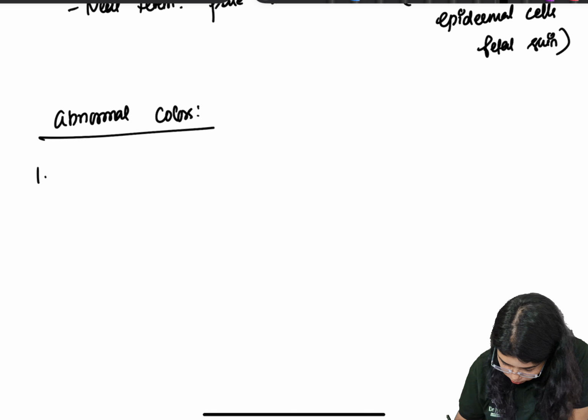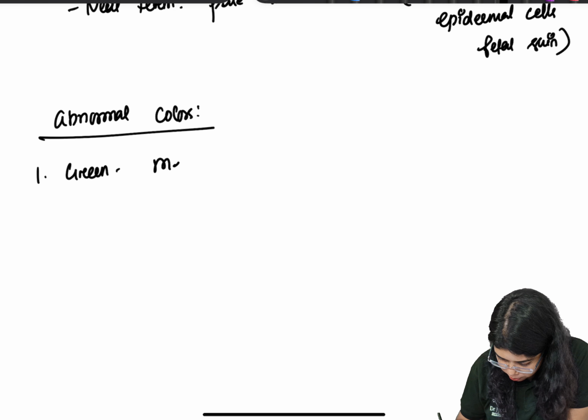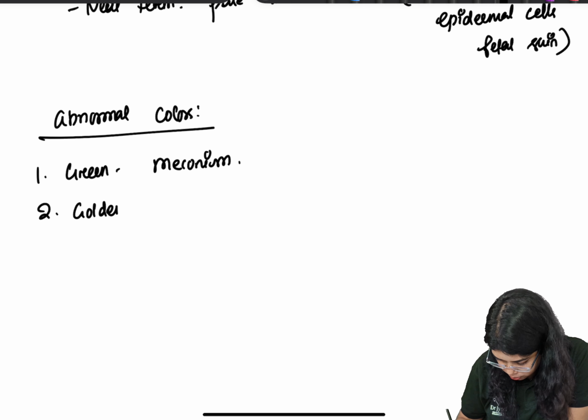First, that is green in meconium. Okay, meconium stained liquor. Then golden yellow in Rh negative pregnancy.